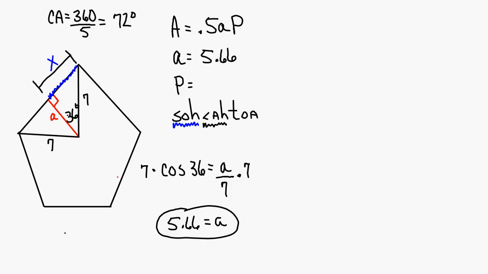So now you can do sine 36 equals opposite over hypotenuse. Same process, multiply each side by 7. These will cancel. And sine 36 times 7, 4.11 equals X.